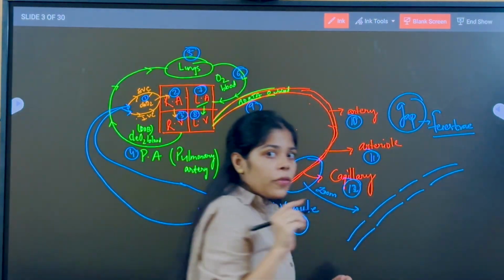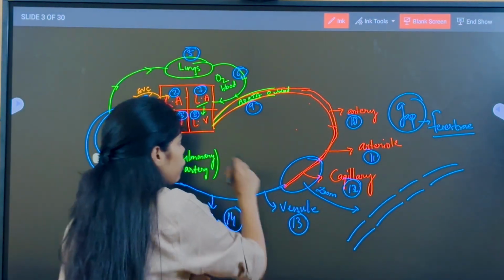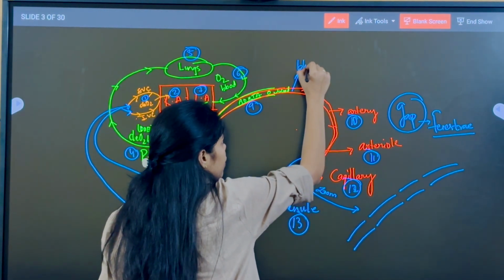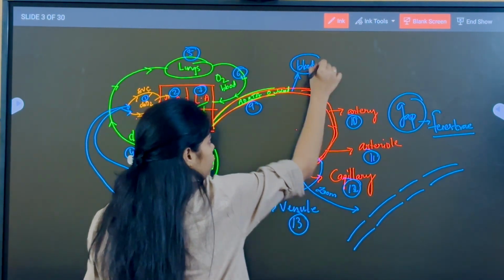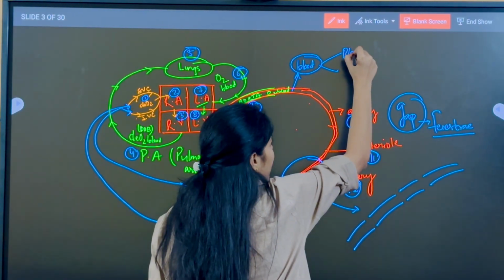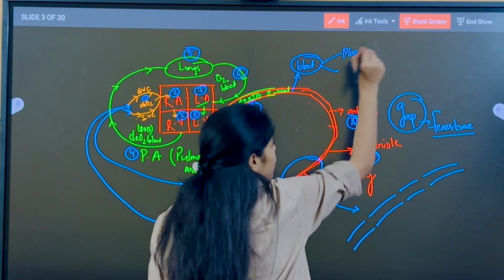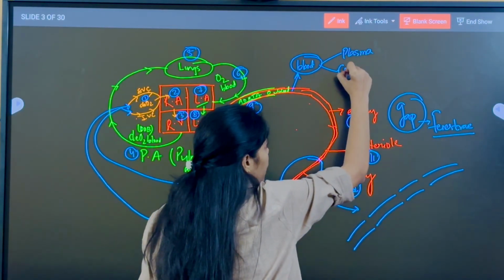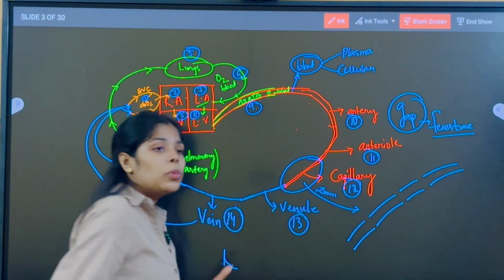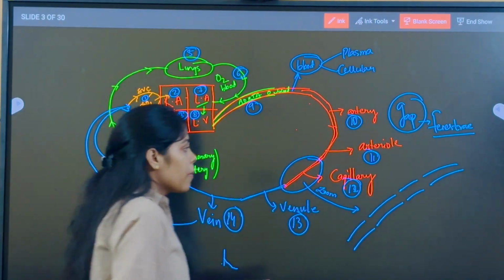So from the aorta, we have our blood. The blood consists of plasma and cellular parts, that is RBC, WBC, and platelets.